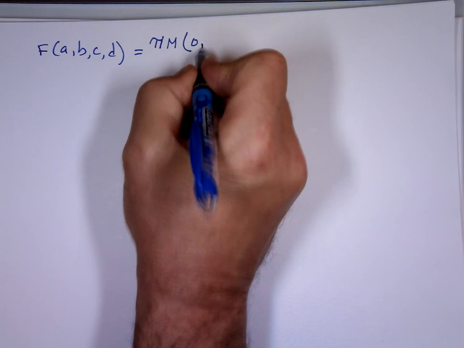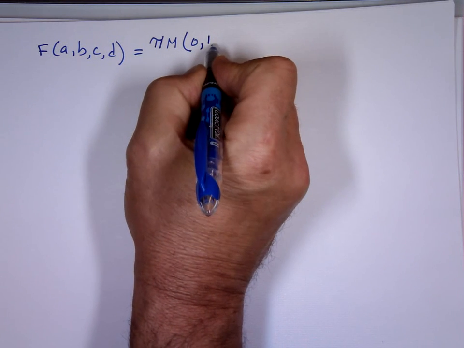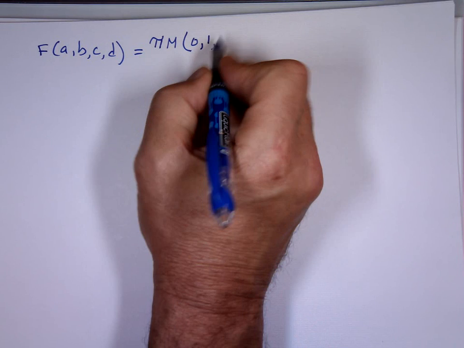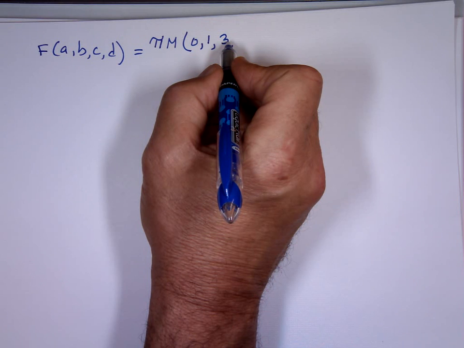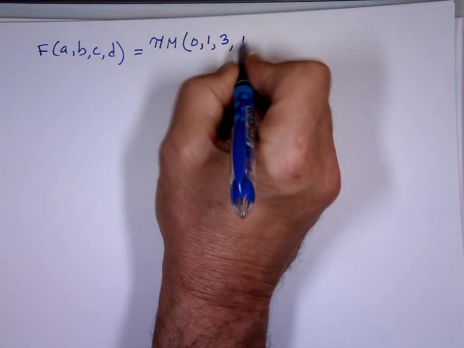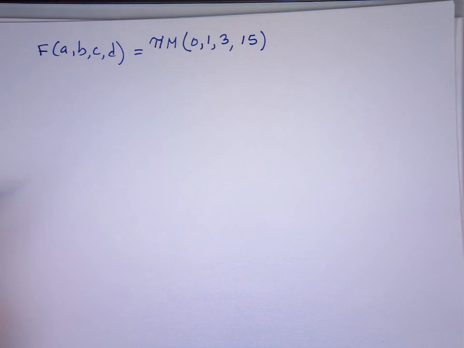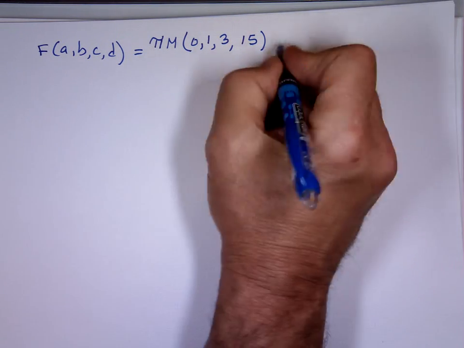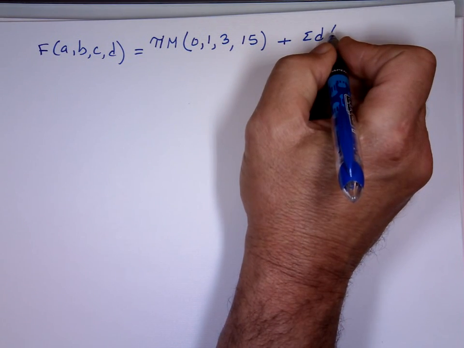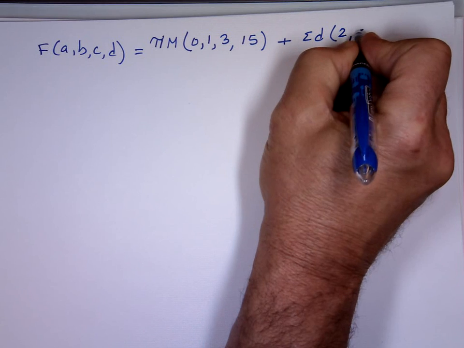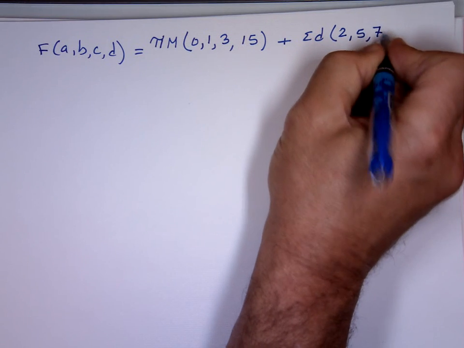Zero, 1, 3, and 15. Plus, we have don't care where at 2, 5, 7, and 8.